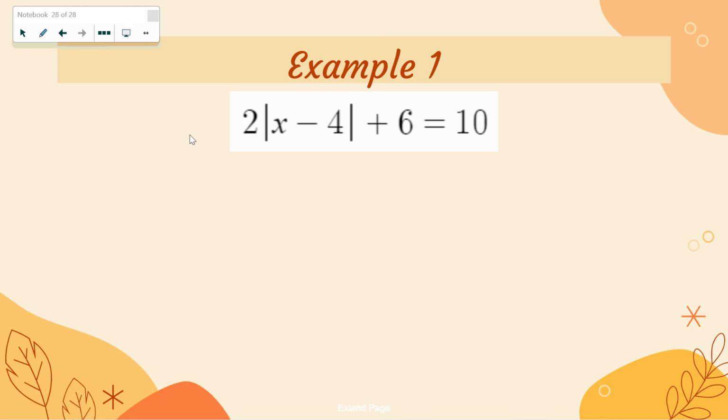So take a moment, jot down example 1, and think about how you'd get started with this problem here. Looking at what we have, we have absolute values and an equal sign.